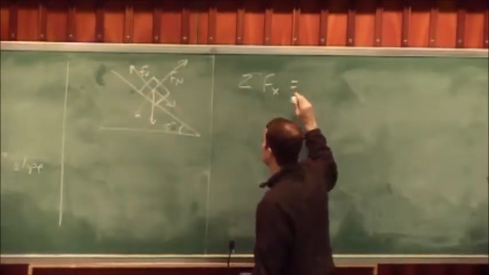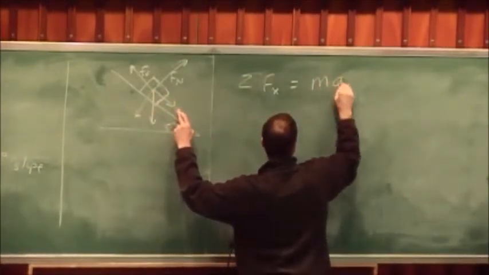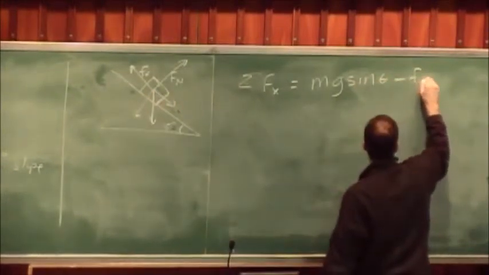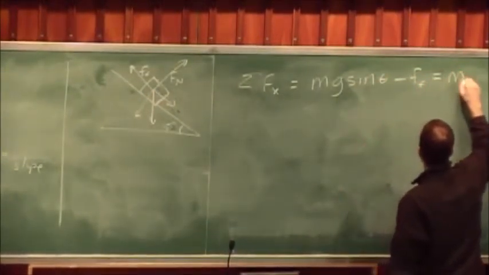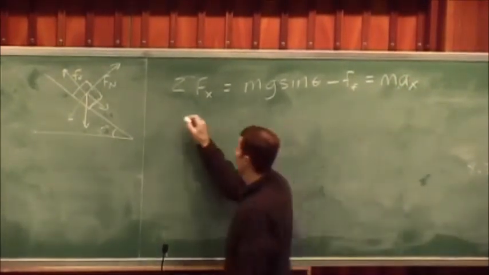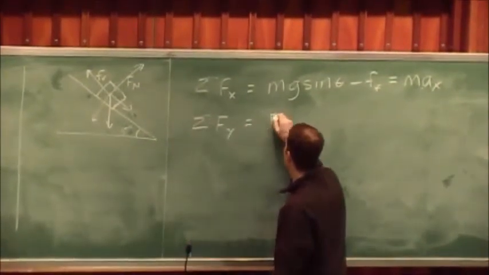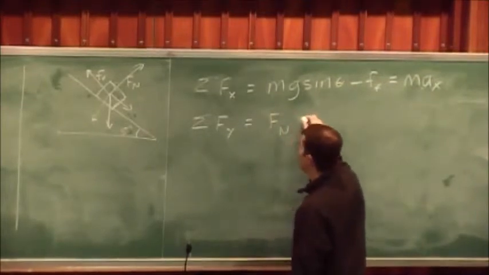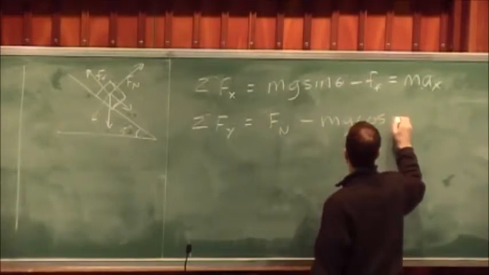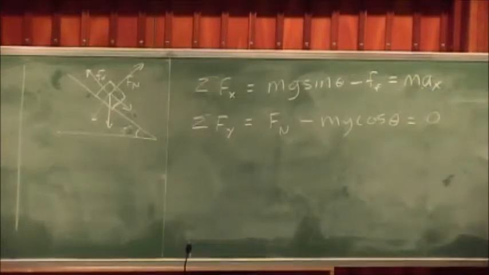The sum of my forces in the x direction, I'm going to have mg sine theta minus force of friction is equal to max, and the sum of the forces in the y direction, I get F normal, the normal force, minus mg cosine of theta, and that's equal to 0.